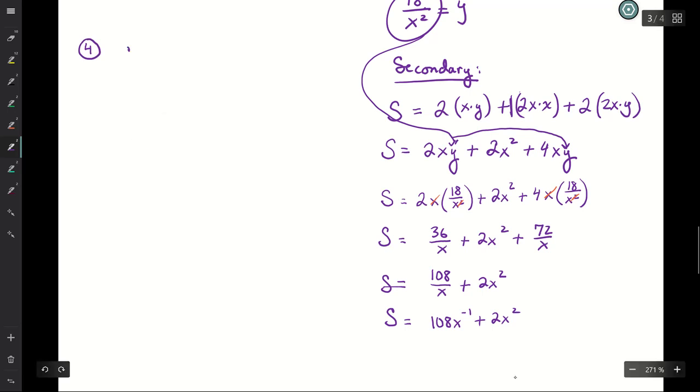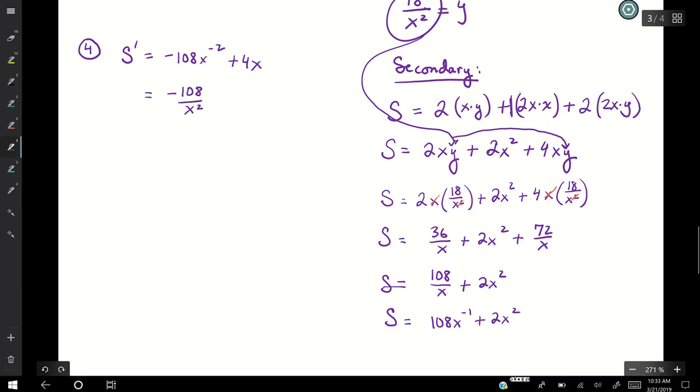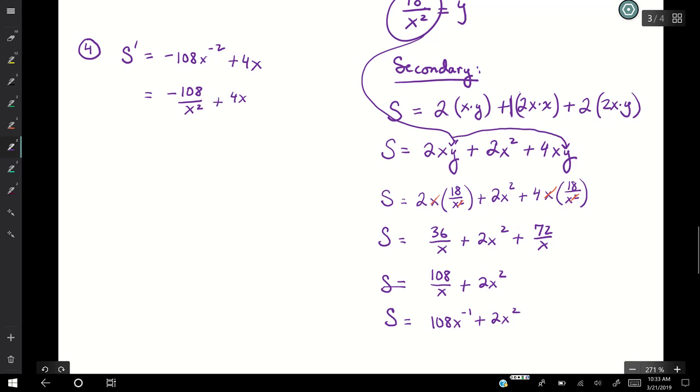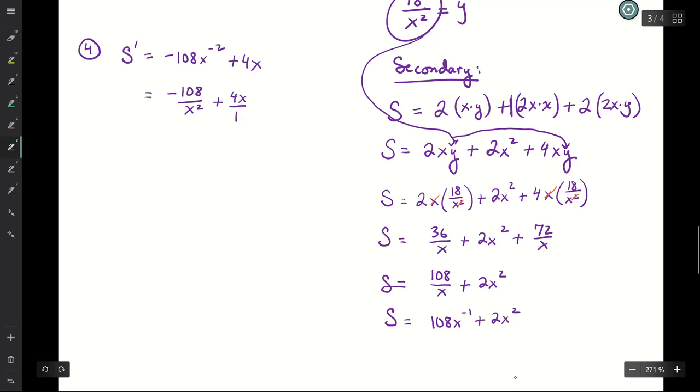So we're going to find S prime. That would end up being negative 108x to the negative 2, plus 4x. We want to get rid of the negative exponent, so this would be negative 108 over x squared. We now want to combine these two as fractions so that we can find critical numbers. The common denominator here would be x squared.